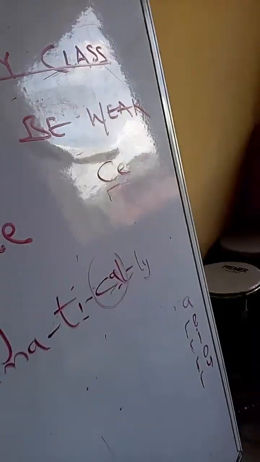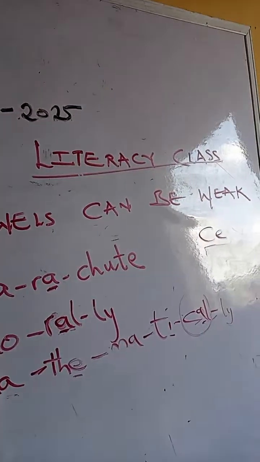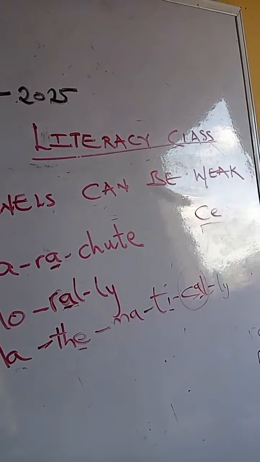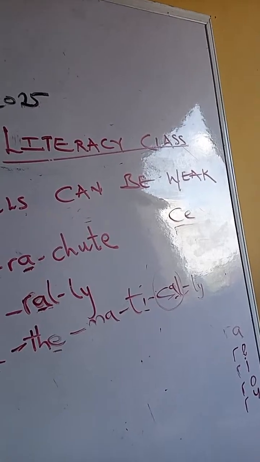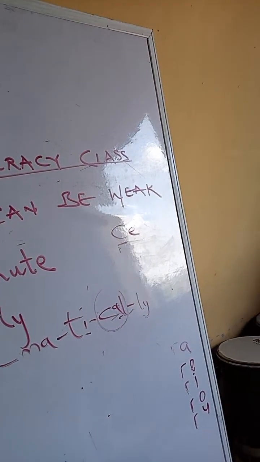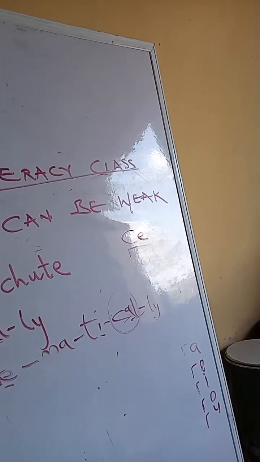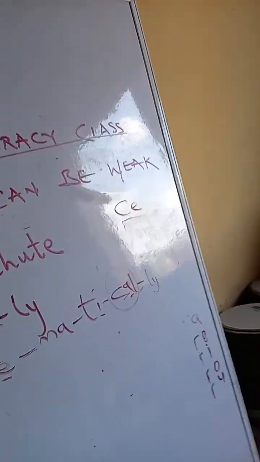So let's get back to literacy. Literacy again, 4 vowels. What are the 4 vowels? I, E, A, and Y. Now when I say literacy, only 2 vowels there are making their real sound.